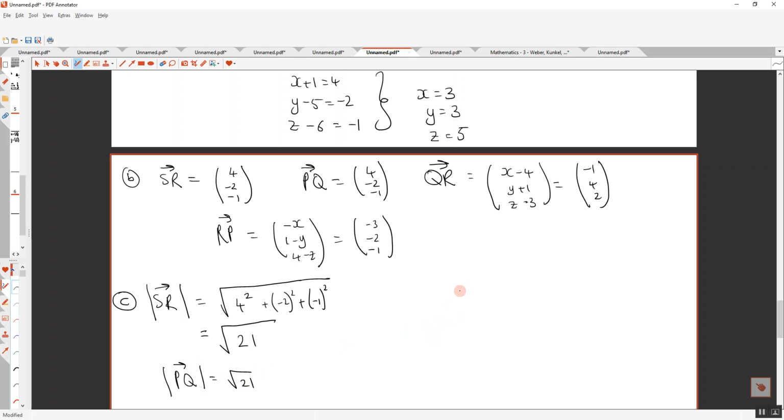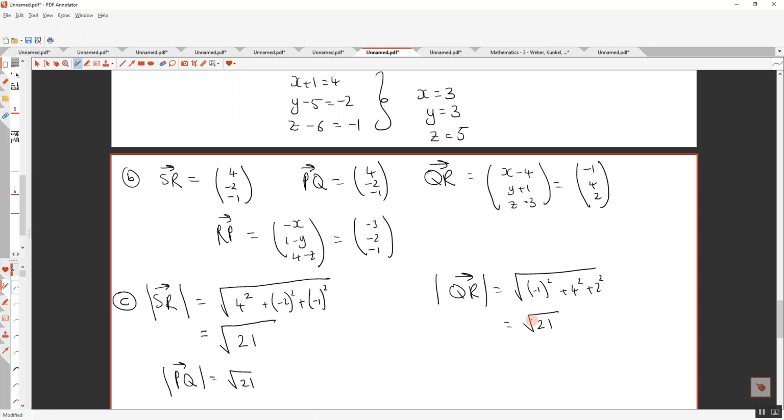And we need to do Q to R. Magnitude, square root of -1 squared plus 4 squared plus 2 squared. That's 16, 20, 21 again.